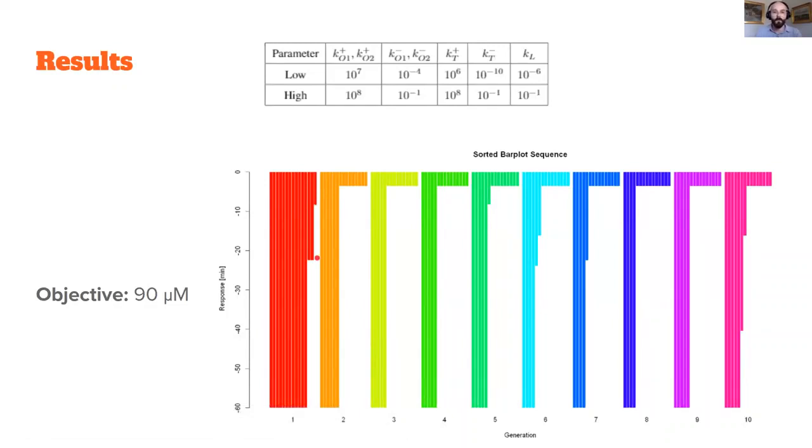So we see that the optimization from the first generation to the second generation quickly finds quite fast amplification experiments, and it stays that way for quite a long time throughout the next generations, and then it starts to go into a more exploratory role where it starts to seek out new areas in the experimental space where there could be another optimum, or perhaps the global optimum if it hasn't been found yet.